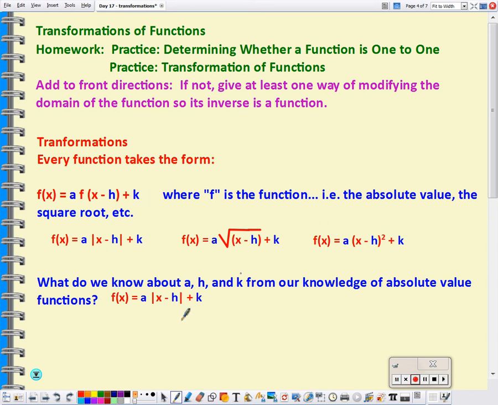From absolute value functions, take a minute and think about what you know about a, h, and k. This is also where you would write down this formula if you haven't already.